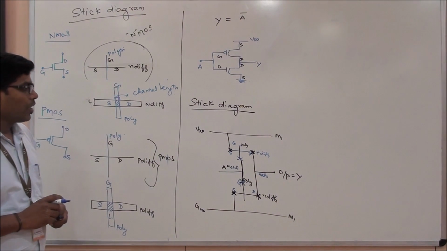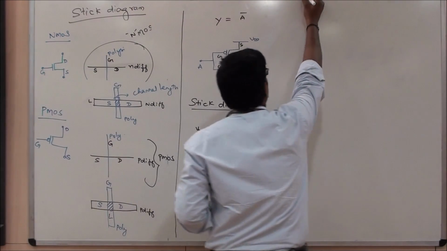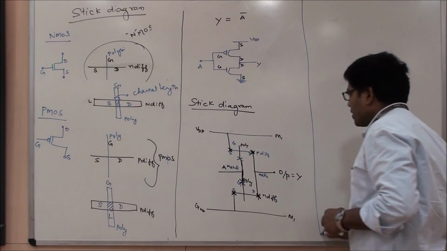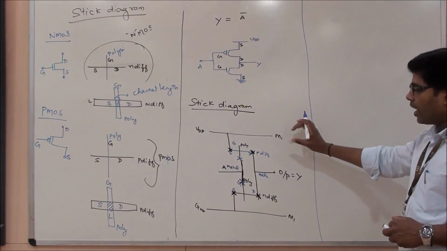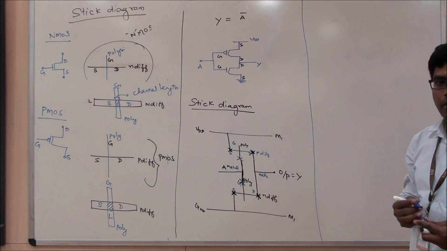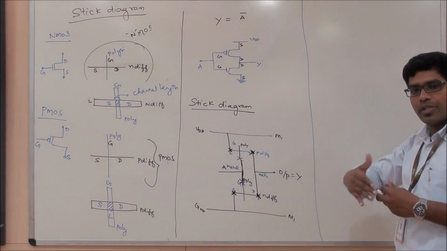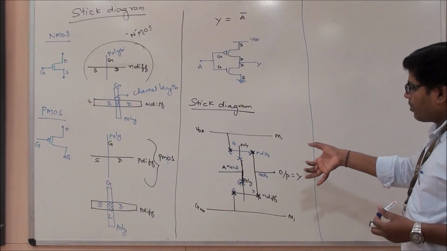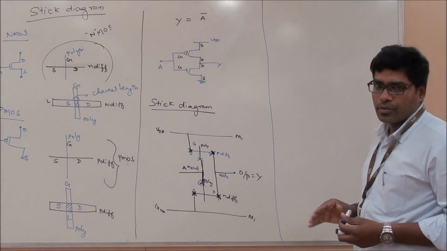Or if I want to convert this into layout information, simply extend this with the appropriate layer with corresponding dimension of the width, corresponding dimension of the spacing, corresponding dimension of the overlap. That leads to the formation of layout.